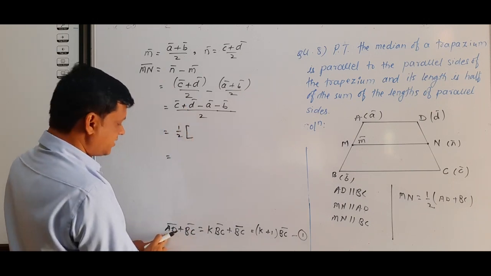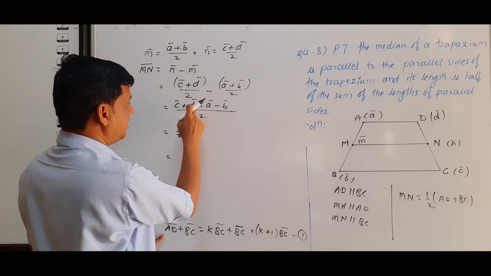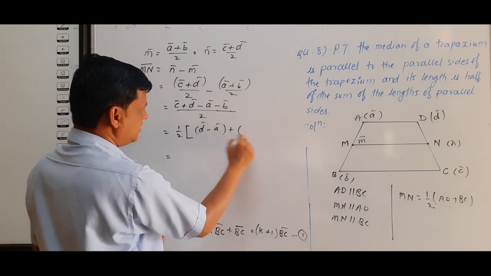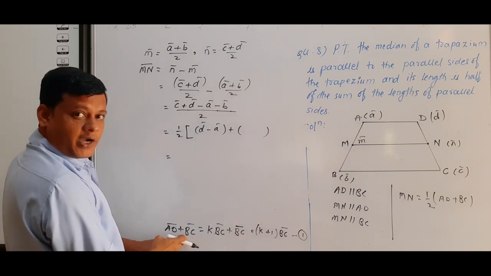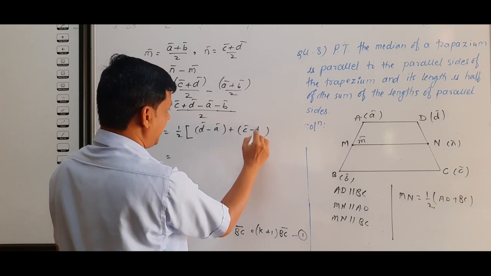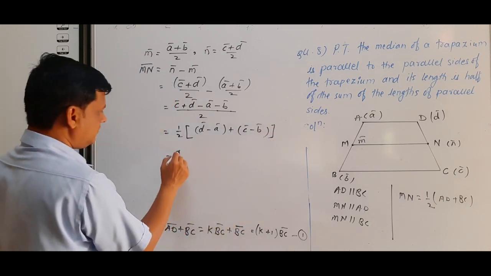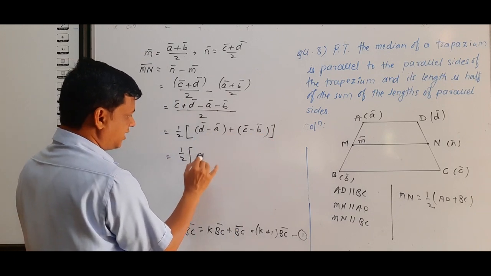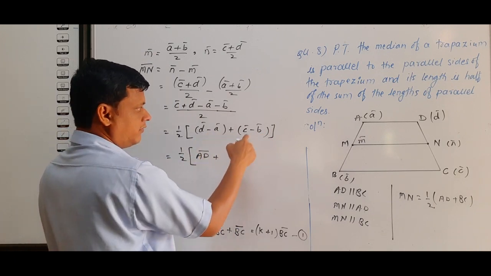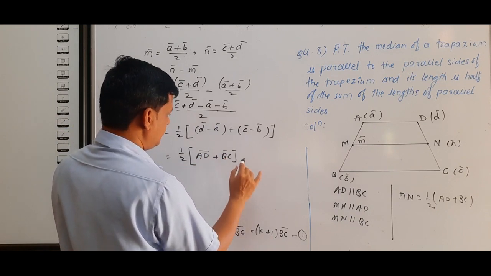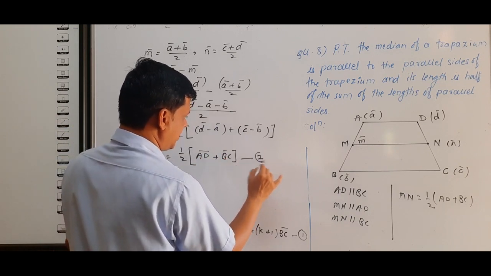Here we require first AD, so we write this vector D bar minus A bar, plus in the second bracket we require vector BC, that means C bar minus B bar. This is equal to half of D bar minus A bar, which is vector AD, plus C bar minus B bar, which is vector BC. So we denote this as equation number 2.